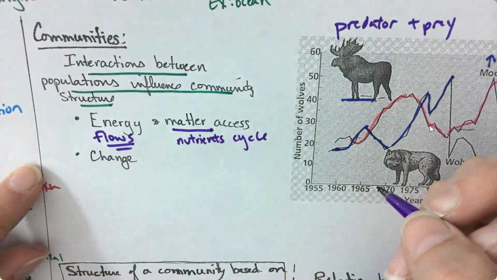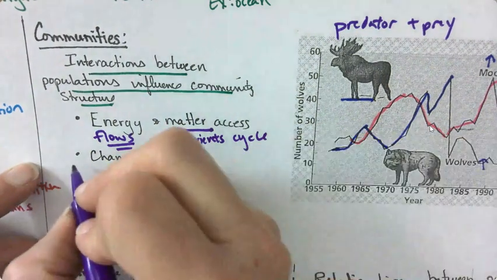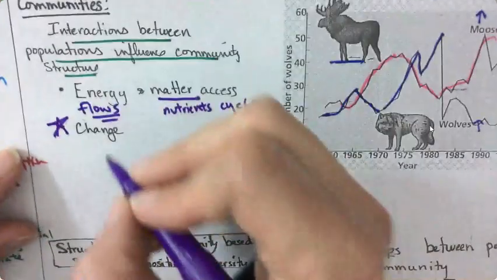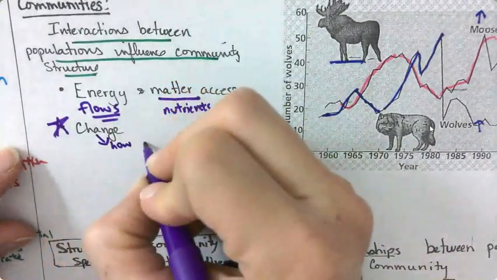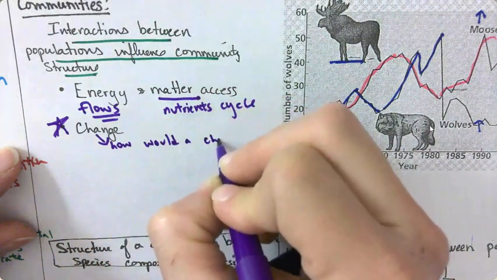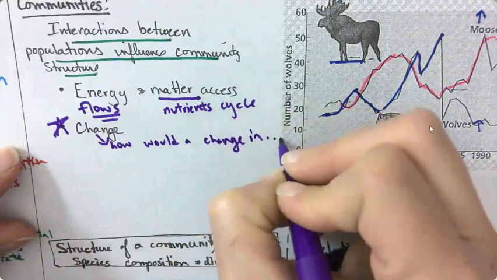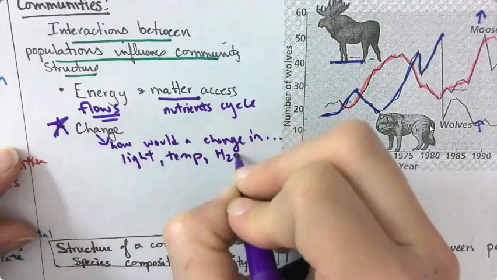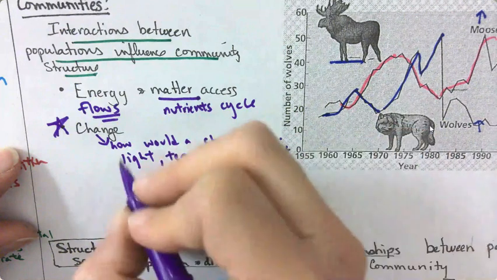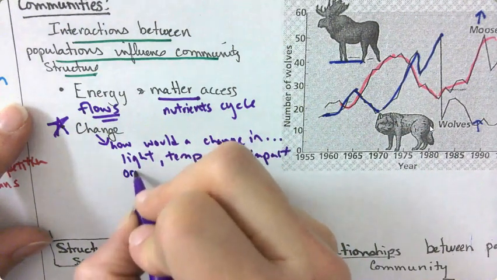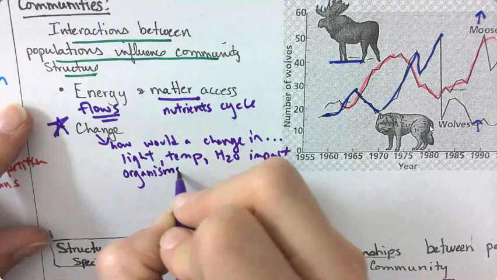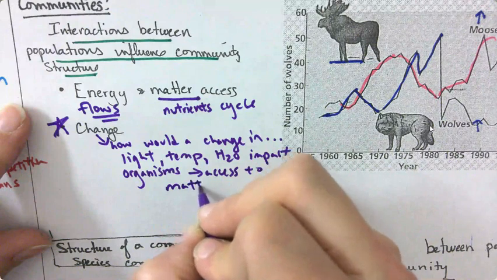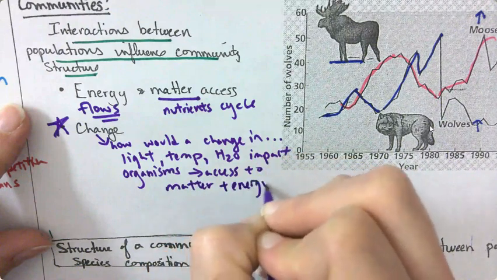One of the main things you need to worry about on the AP exam is how change affects these processes. For example, how would a change in light, temperature, or water impact organisms and their access to matter and energy?